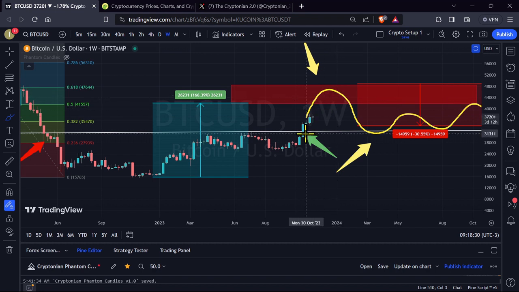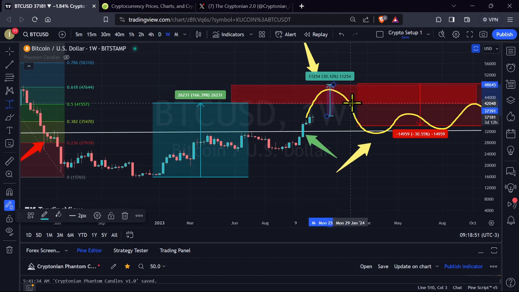So that being said, that red box is only about 15% away. Well, actually about 11 or 12% away, and if we hit the 0.6 Fibonacci, then that is 30% away.